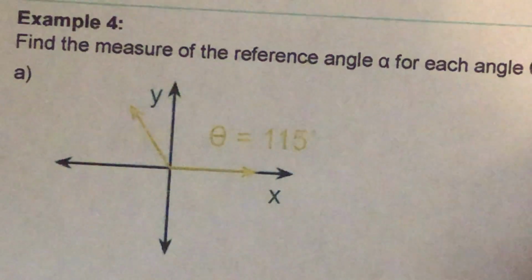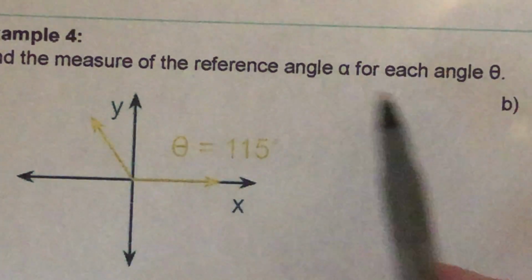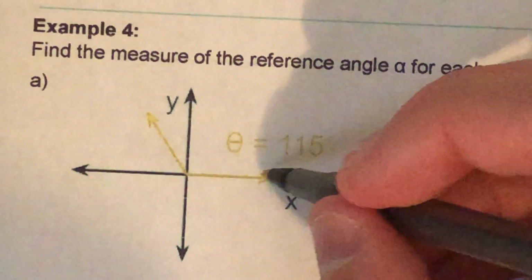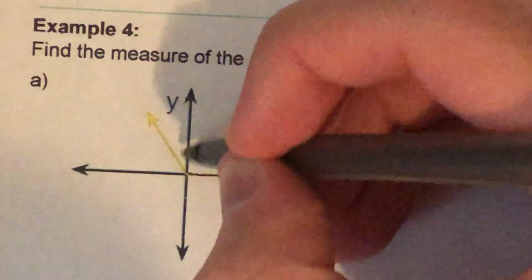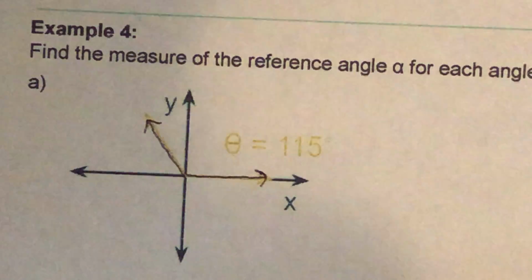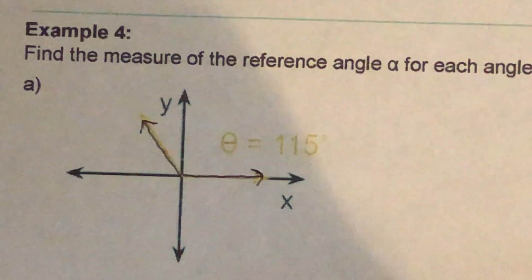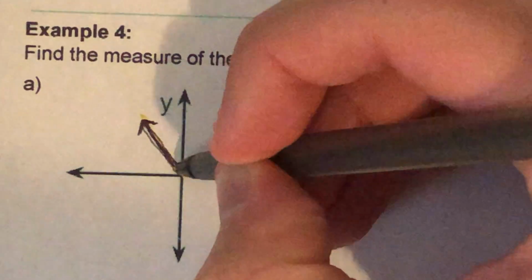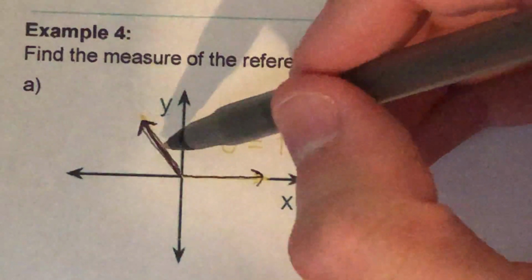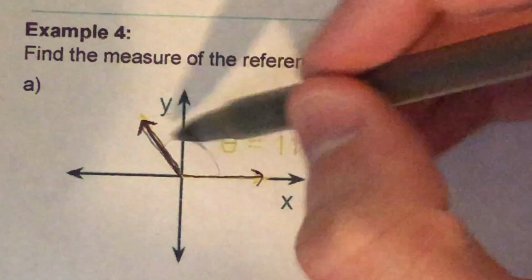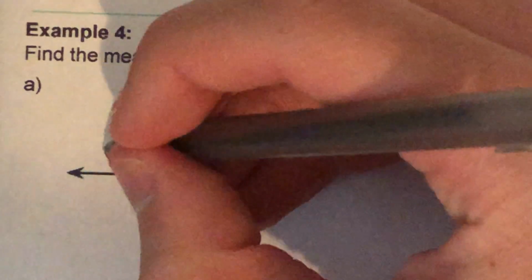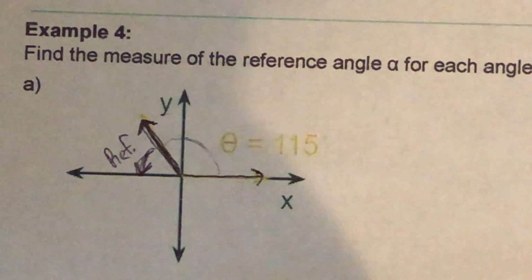Okay, so let's do a couple of examples here. We're going to find the measure of the reference angle. So we have theta is 115. So this is our angle. The reference angle is the angle between our terminal side, so this side here, and the positive or negative x-axis, whichever is closer. The positive x-axis is further, so we can focus on the negative. So this would be our reference angle, so I'll just write ref.